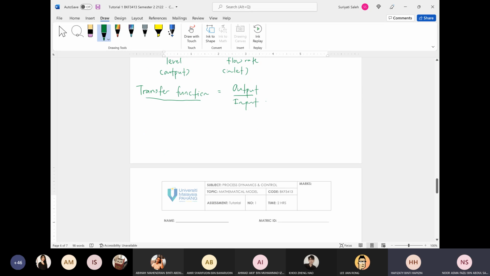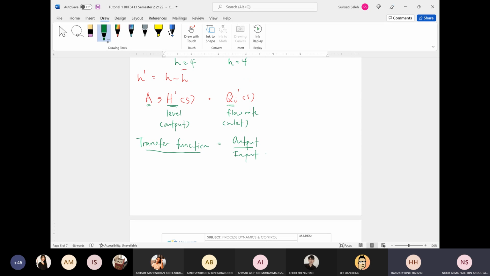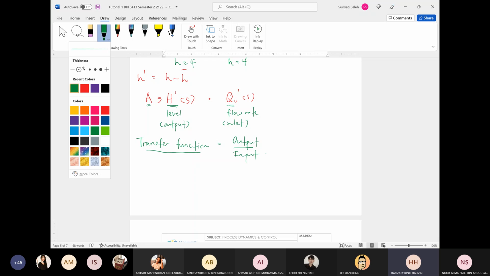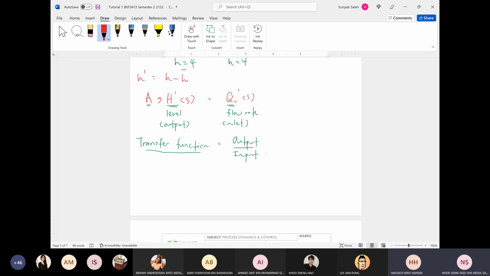So based on this, if we rearrange it, H prime s over QI prime s equals 1 over A s. This is what we call the transfer function equation: output over input.